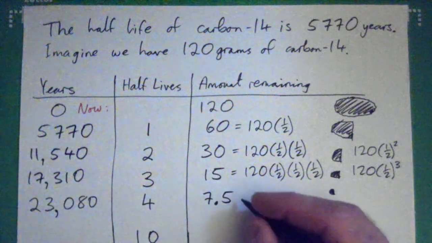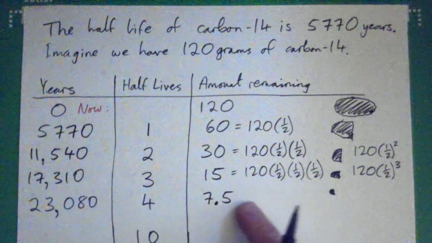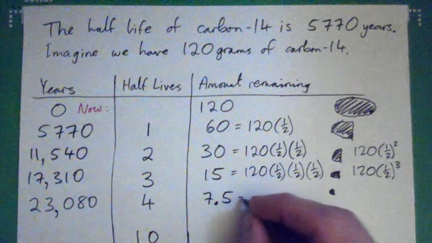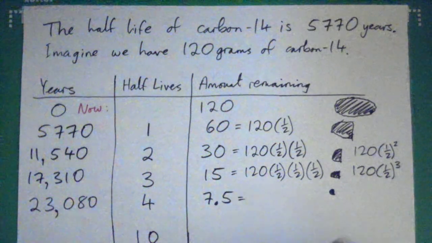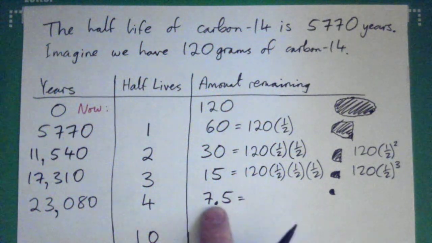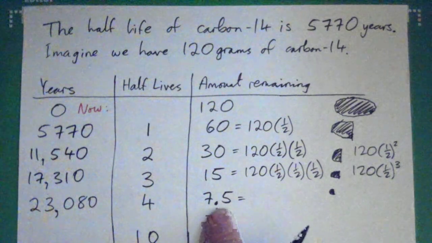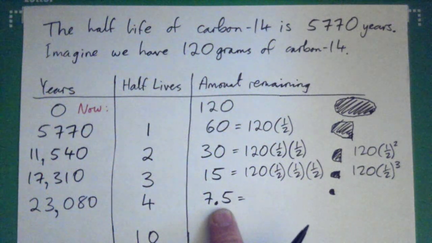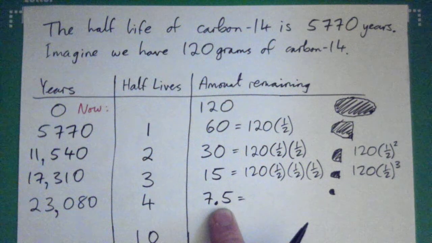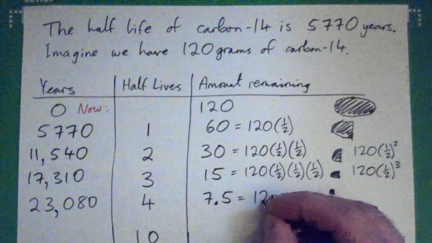And 4 half-lives gave us 7.5. So what formula can we do to come up with 7.5? Exactly.